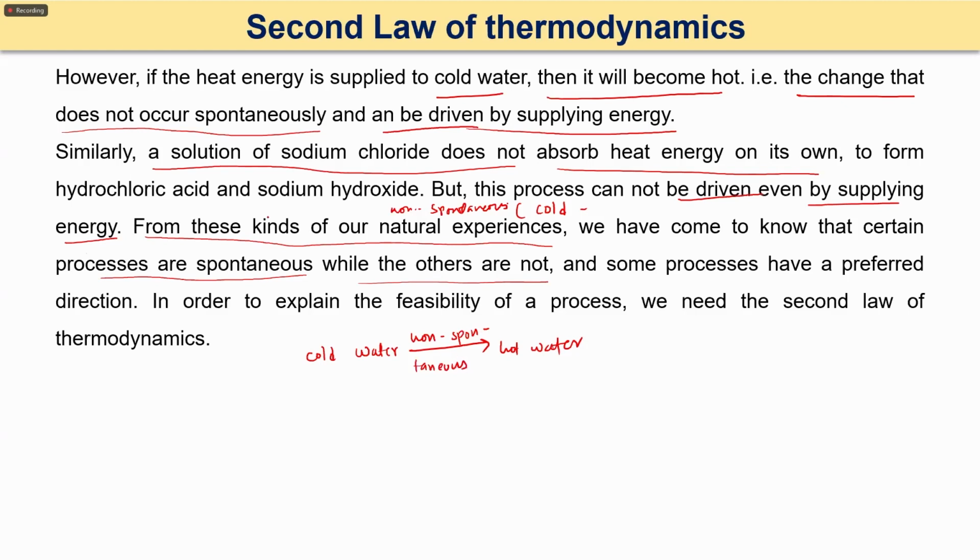Whereas going back to hydrochloric acid and sodium hydroxide, some of these processes have a preferred direction. They will occur only in a single direction, not in the reverse direction. So, in order to explain the feasibility of the process, we needed the second law of thermodynamics. We don't know whether these processes will occur or not, whether spontaneous or non-spontaneous, so to understand that, we needed the second law of thermodynamics.